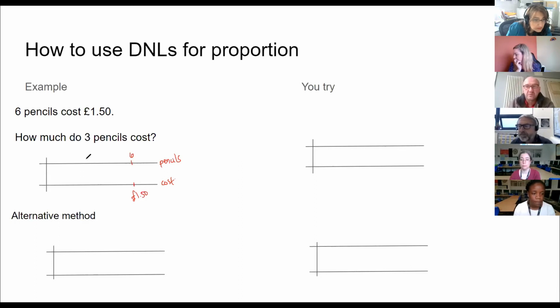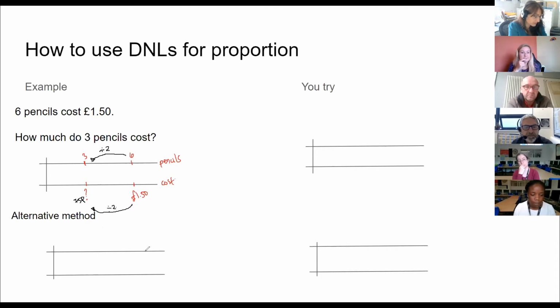And therefore 3 pencils, obviously 3 is less than 6, so it helps students to see where the numbers would go on a number line. And what does that represent? The easiest method would be to divide by 2 to get from 6 to 3, and therefore do the same thing to the bottom, which is to divide by 2 to give us 75p.